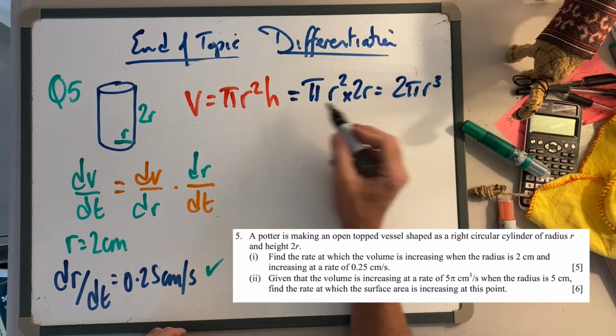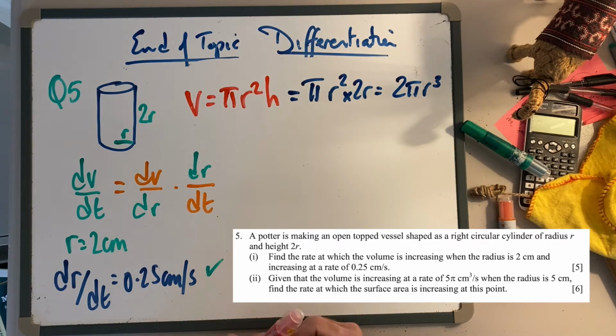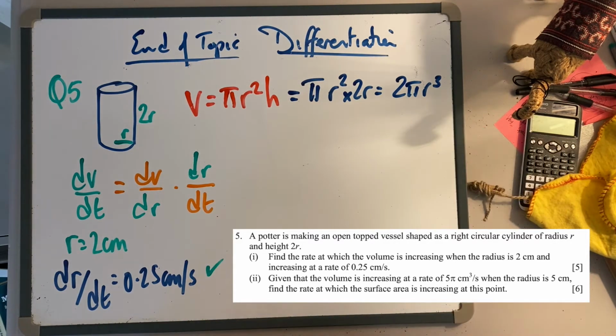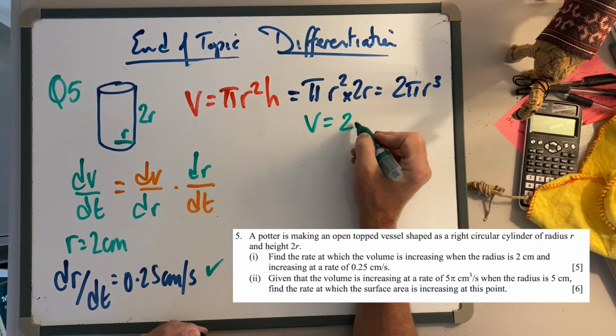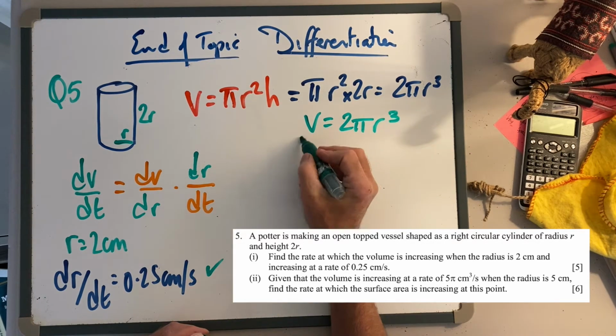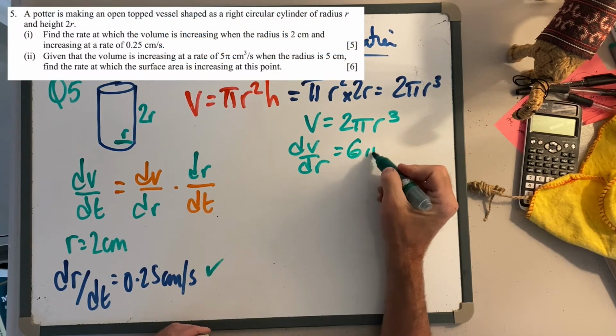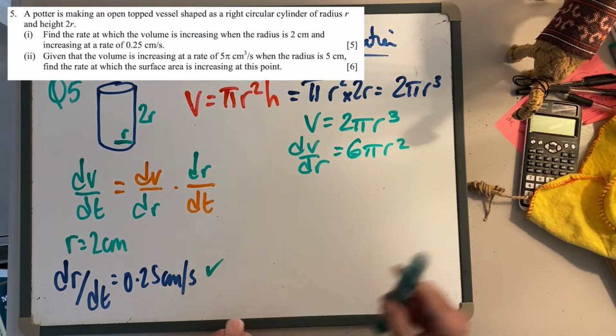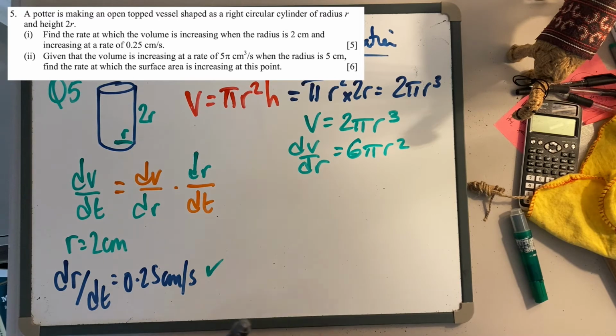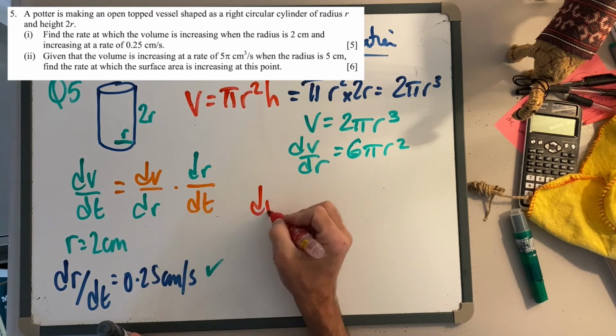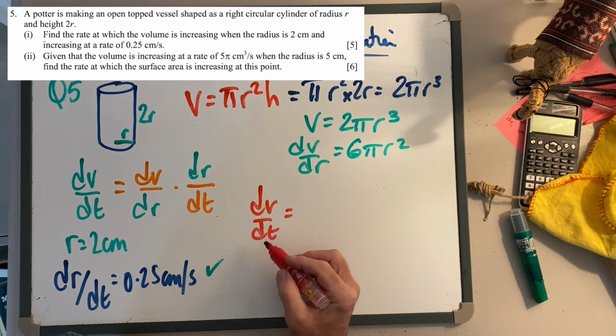And so now I've got a relationship between V and r. I can differentiate that, so let's just write this out. dV/dr, just what I want, is 6 pi r squared. So now I've got all of this, let's bring it all together. dV/dt equals dV/dr times dr/dt.